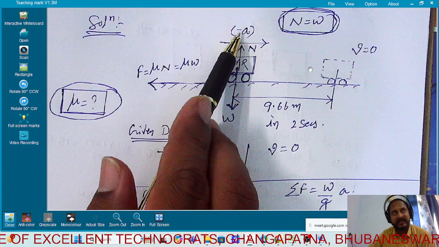So let us calculate how much it is. 9.66 into 2, divided by how much? 4.83, meter per second square. Now you substitute the value of a here: 4.83 divided by 9.81.